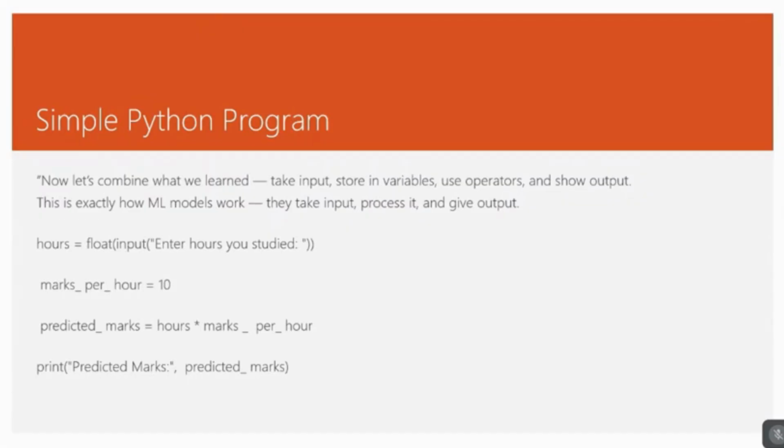If you study 5 hours daily, our machine predicts how many marks you will get in future. If you study 3 hours per day, our machine can predict your marks on the basis of your study hours per day.